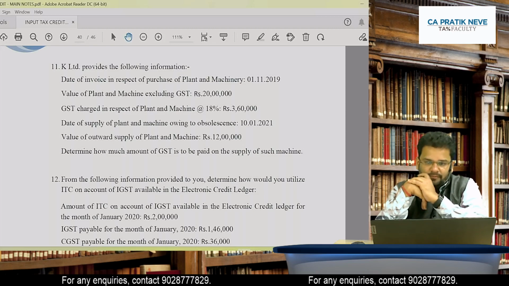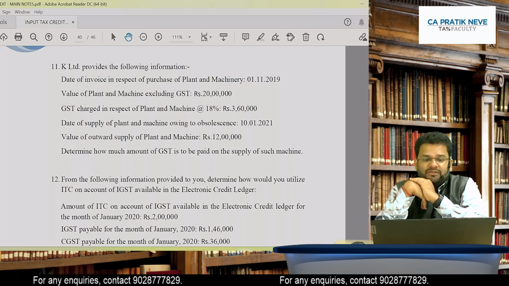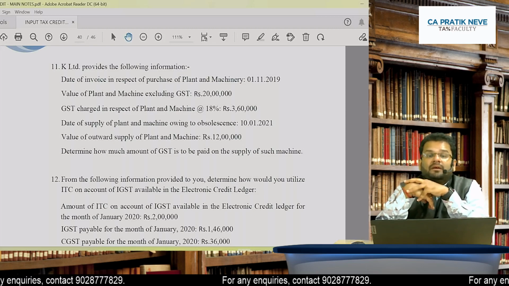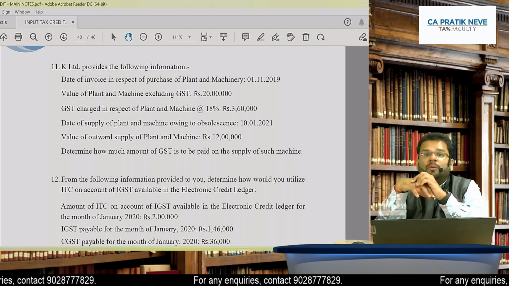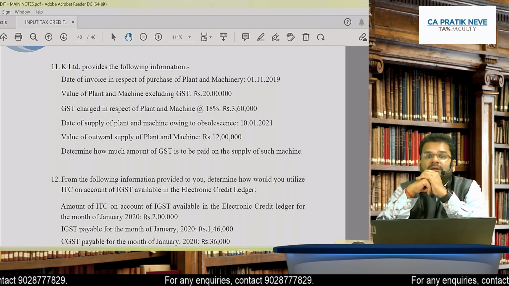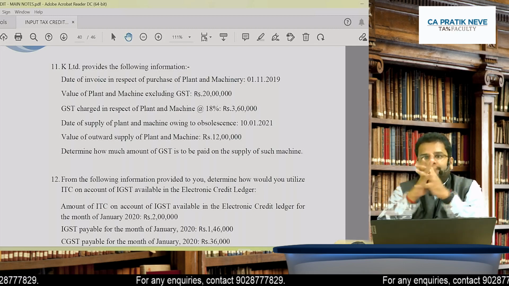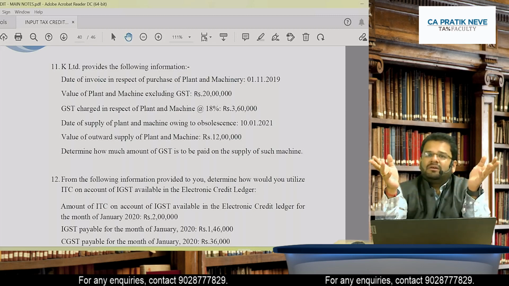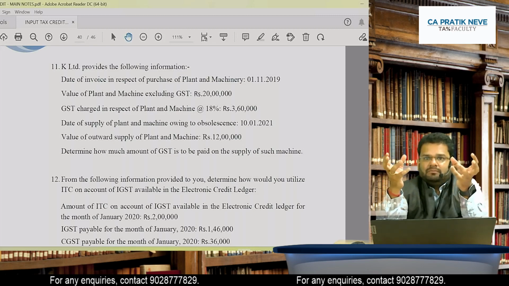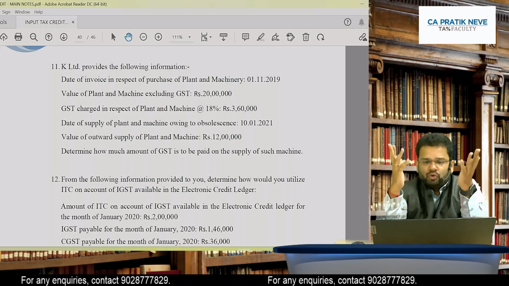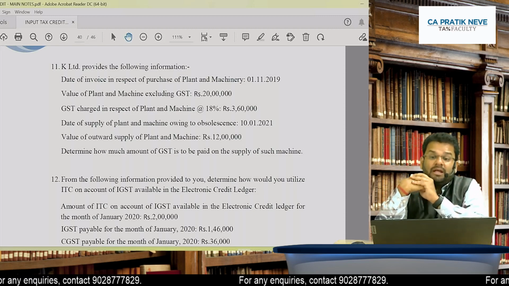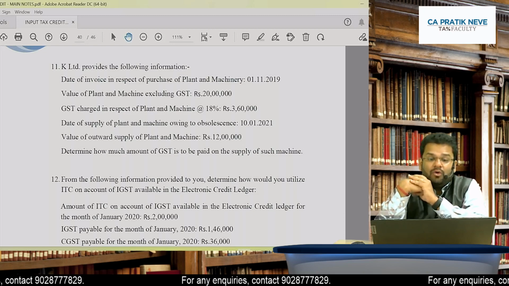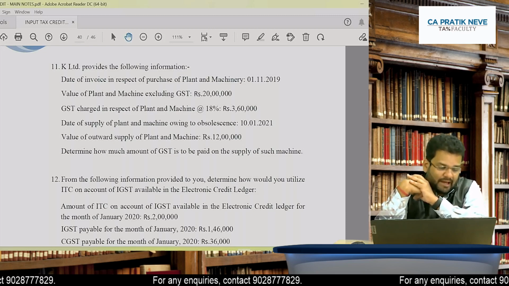Yes, wonderful. Date of supply of plant and machine owing to obsolescence. Supply of plant and machine owing to obsolescence means you sold off plant and machine. Obsolescence means outdated technology this plant and machine had, so you sold it. On 10/1/21, value of outward supply of plant and machine is 12 lakh.